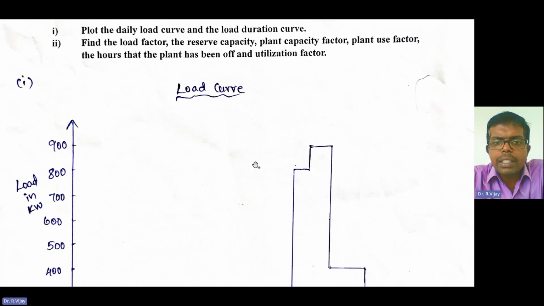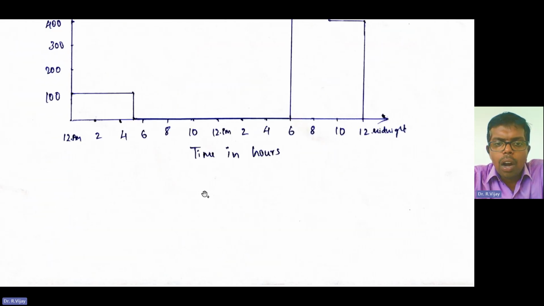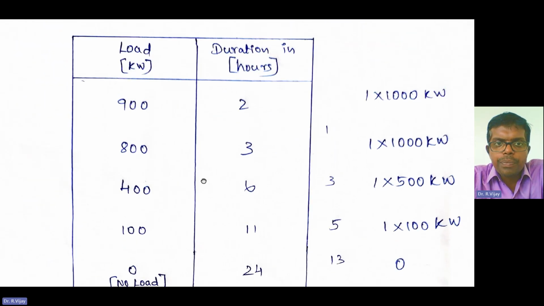So like that, first you need to write all the loads in descending order, and write the duration. For example, 900 kilowatt for 2 hours. Next, 800 kilowatt for 1 hour, so 2 plus 1 is 3. Similarly, 400 kilowatt for 3 hours, so 3 plus 3 is 6.